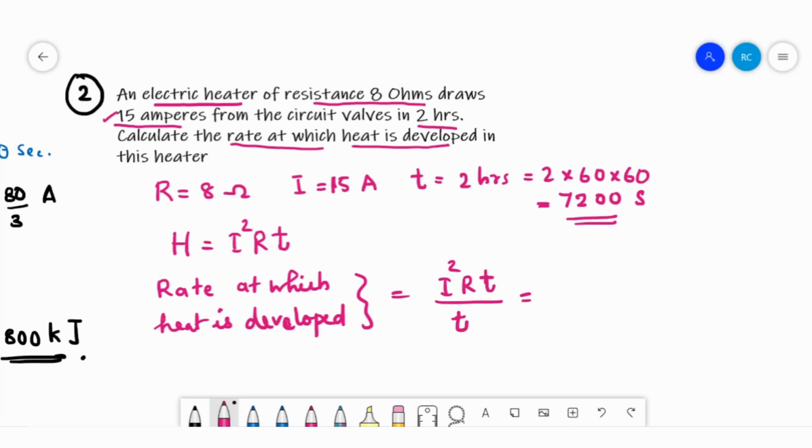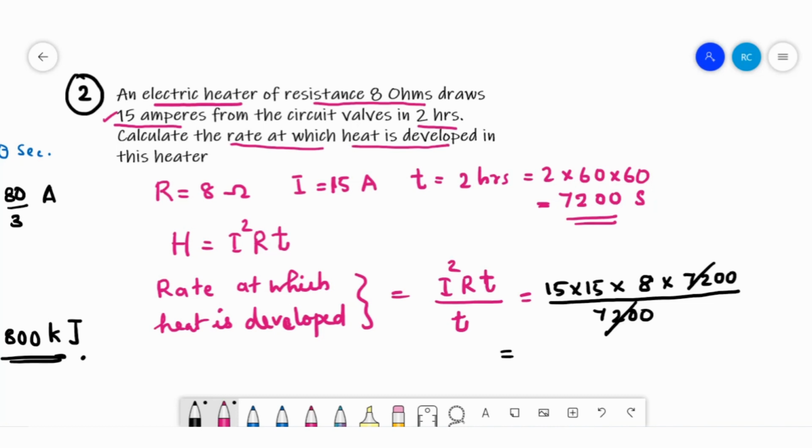So I squared RT, I is 15 ampere. So 15 into 15 into resistance R is equal to 8 into time, time is 7,200 seconds, divided by T, T is again 7,200 seconds. So when you cancel T on both sides, you will get 15 into 15 into 8.